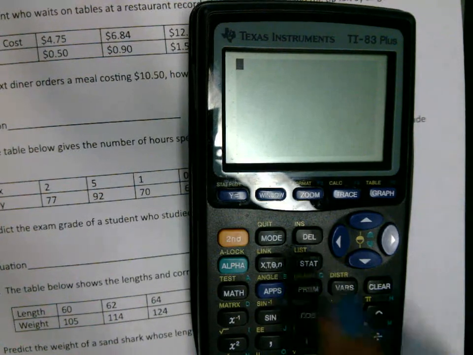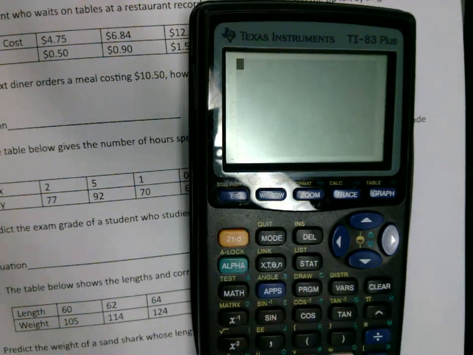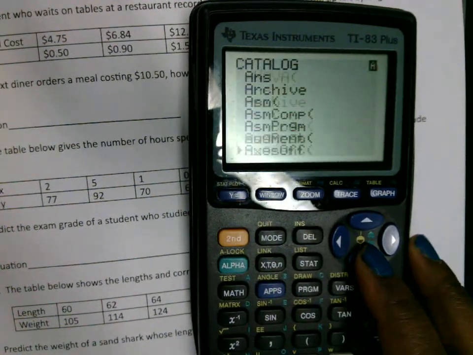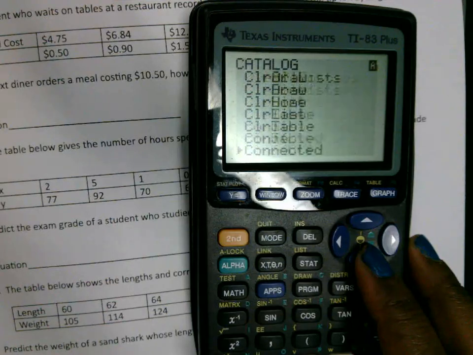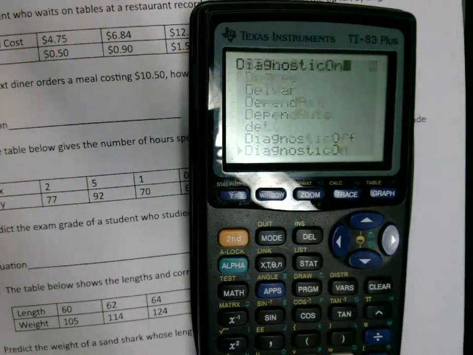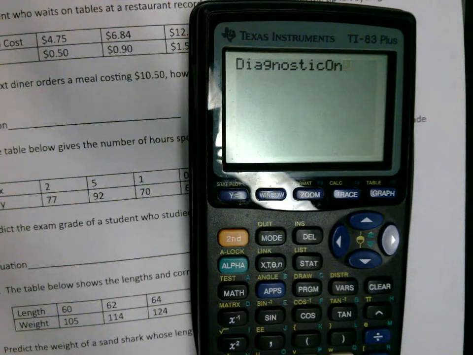So press second mode. Everybody at the main screen? Now let's go to diagnostic on. Second zero. Press enter, and then press enter again. This is the part that some of you forget to do. You have to press enter again so you can see the word done. That's how you know it's on.